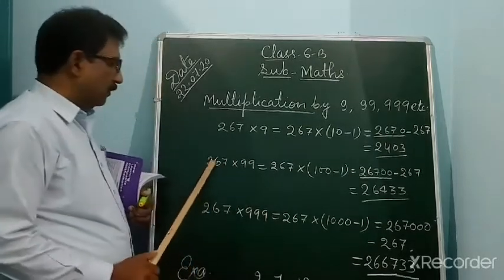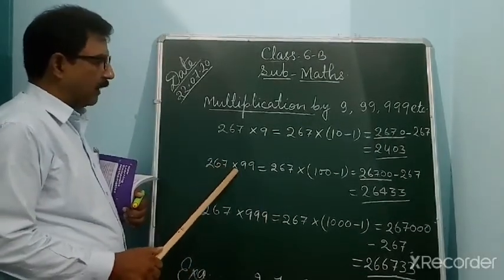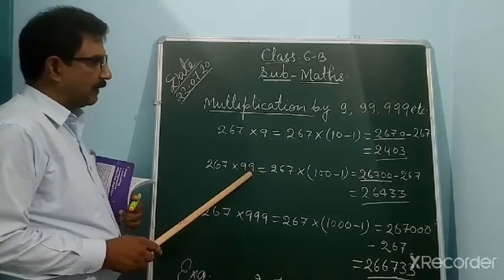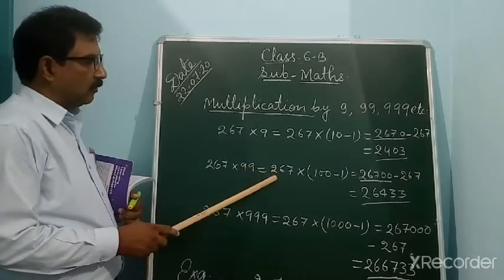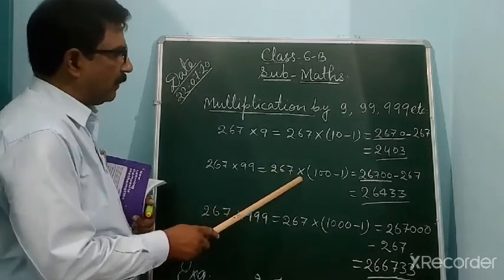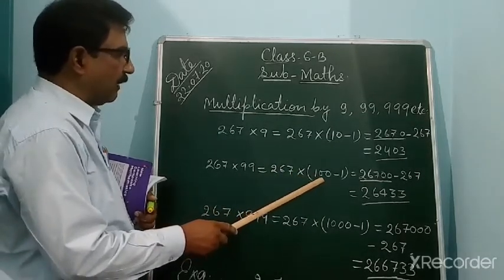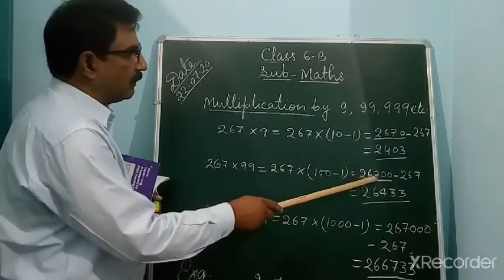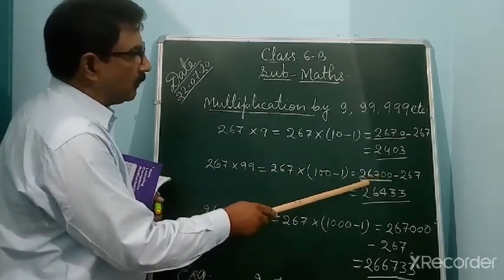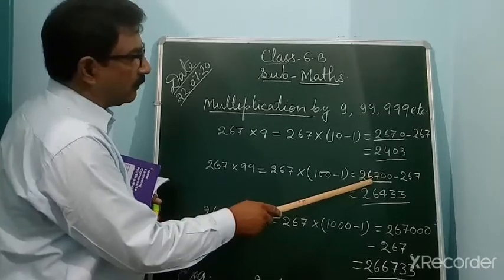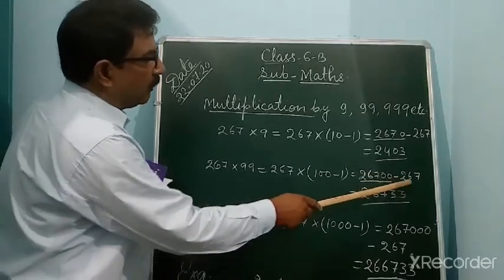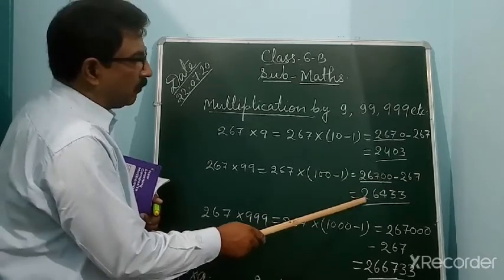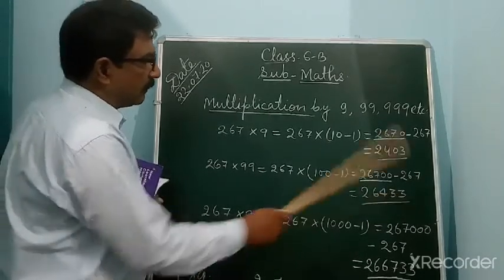Next you see 267 multiplied by 99. In the place of 99, you can take 100 minus 1, the next larger number. So it will come 26,700 minus 267. If you subtract, it will come 26,433.